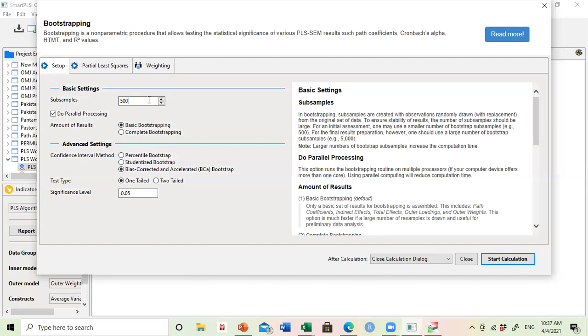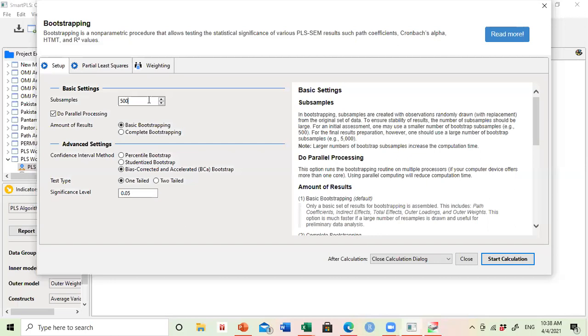What is one tail and two tail? It's something like this. When in your study you say there is a positive relationship between A and B, or there is a negative relationship between A and B, you are using a one tail hypothesis, and that's what they call a directional hypothesis.